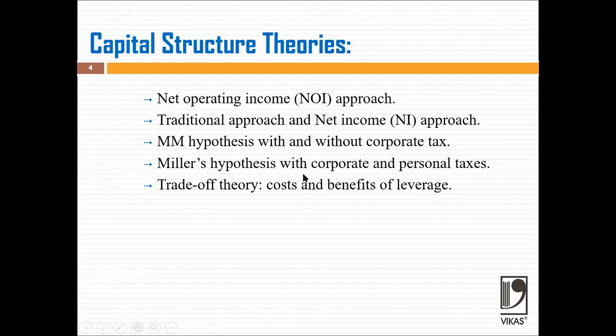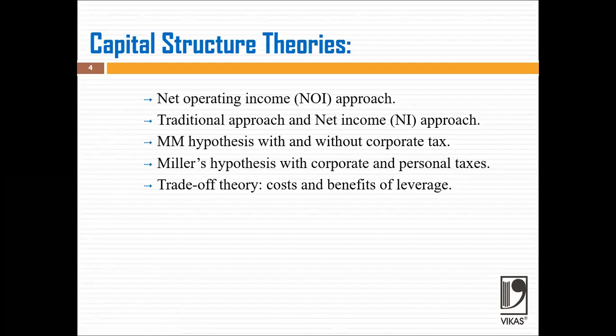And Miller's hypothesis with corporate tax is proposition 2, and with personal and corporate tax, it is called proposition 3.